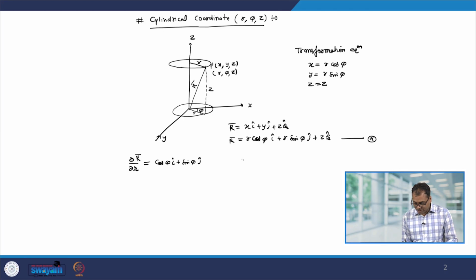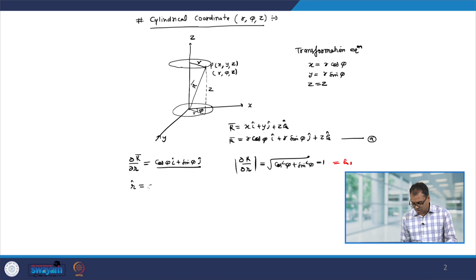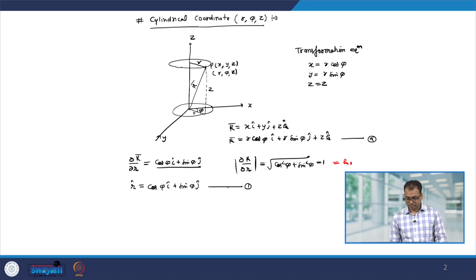And what is the value of the magnitude of del r over del r? Magnitude is square root cos square phi plus sin square phi, which is equal to 1. Therefore, this becomes our h1. Therefore, the unit vector r cap becomes cos phi i plus sin phi j. Let us call it equation number 1.